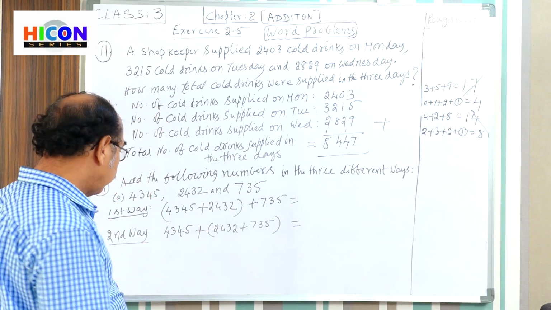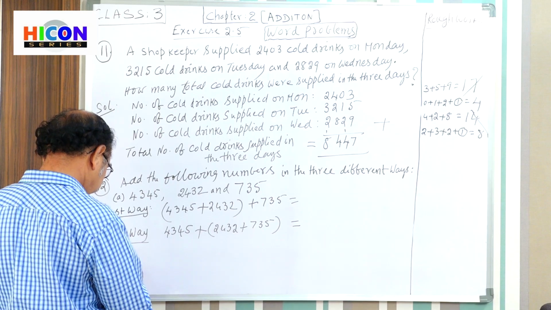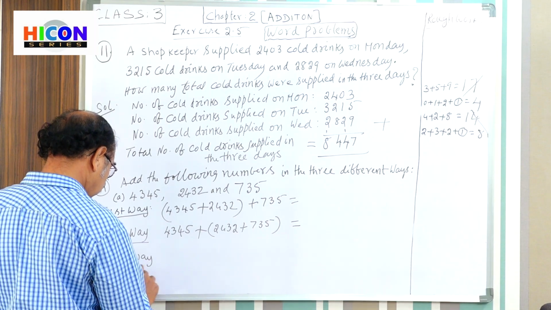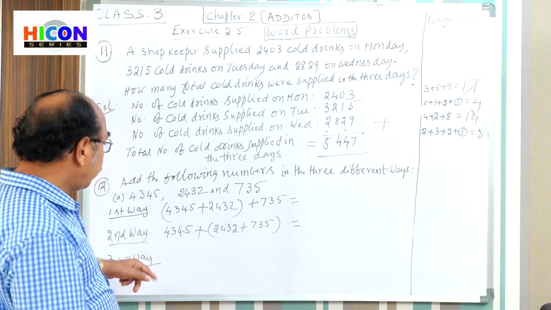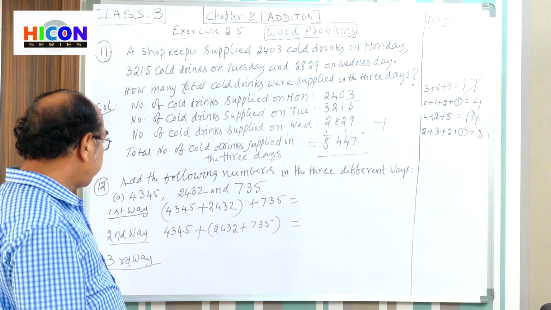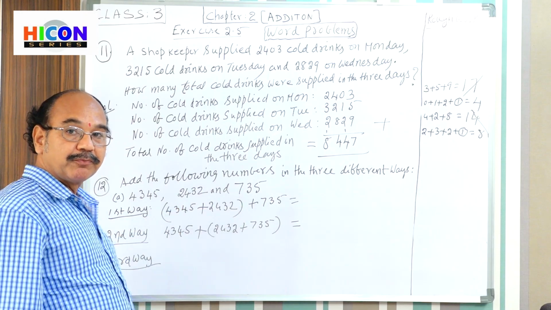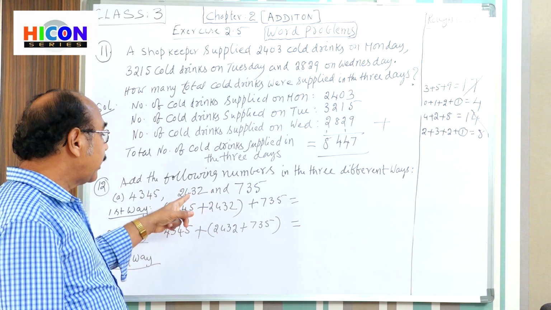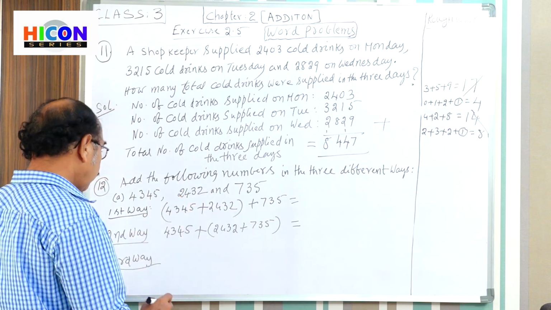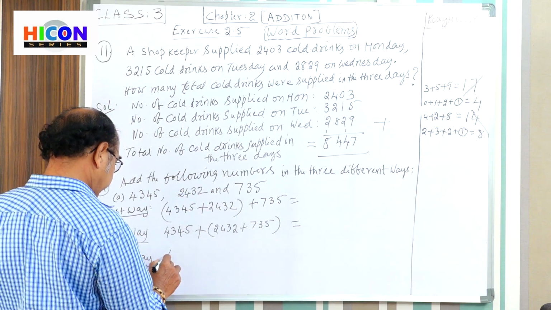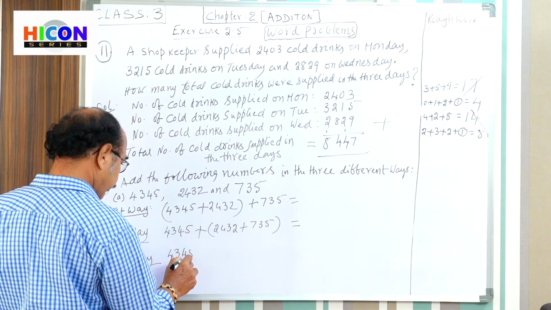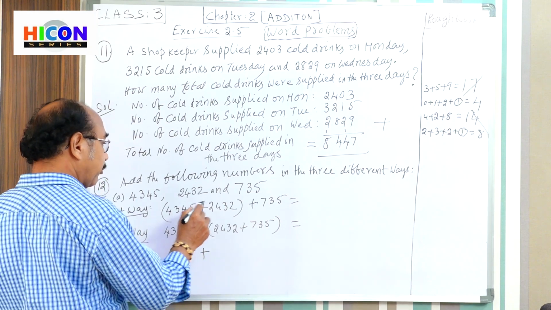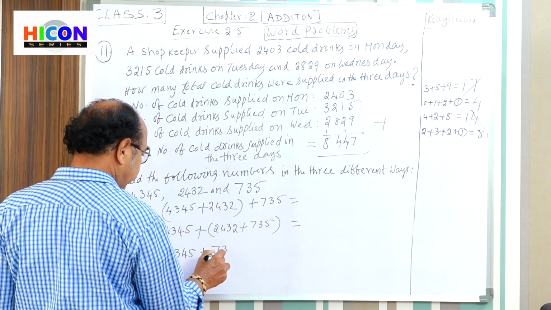Now, one more way, third way. In the third way, we take the first number and last number as a group. First number is 4345 and last number is 735.